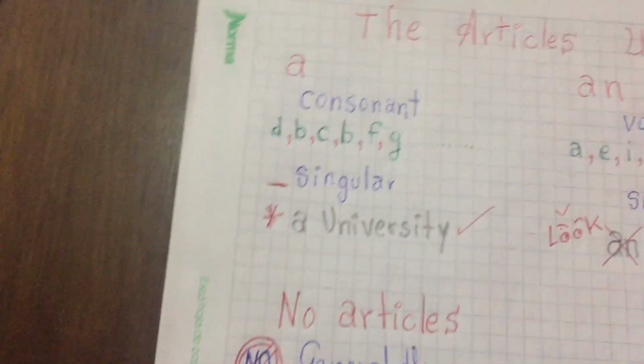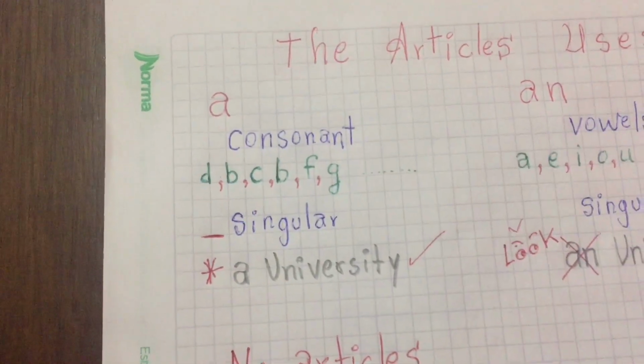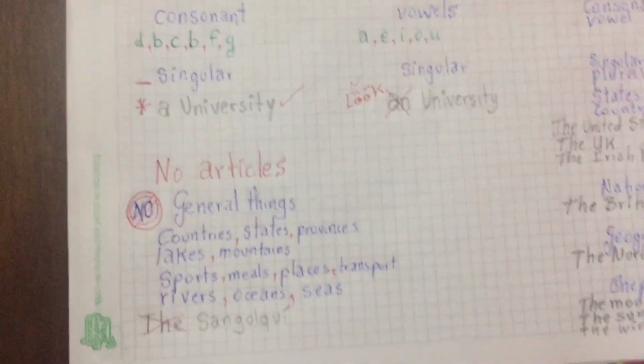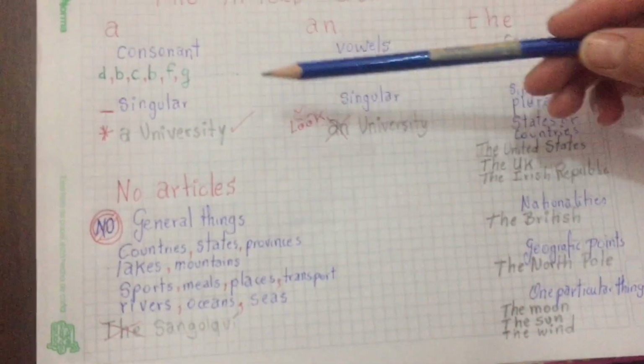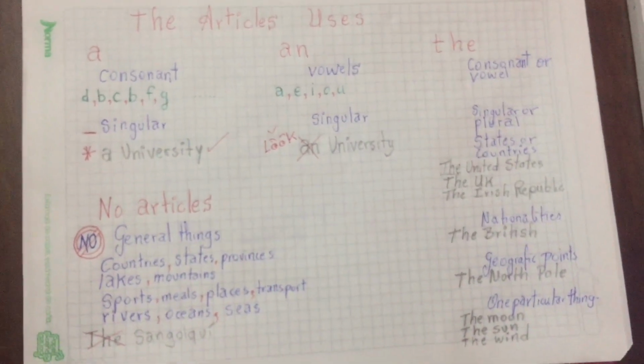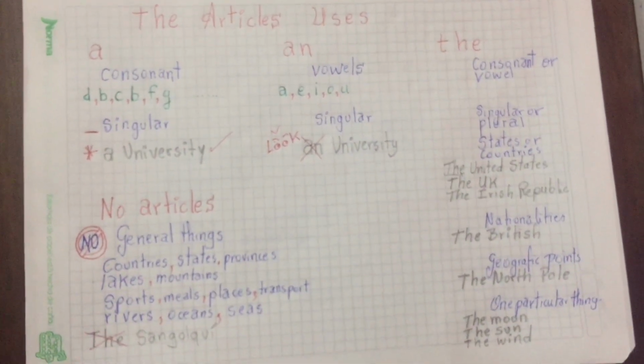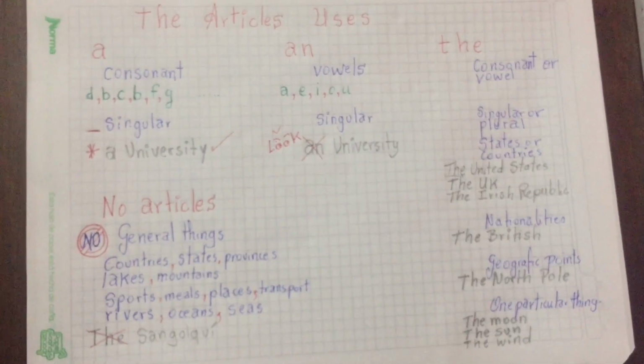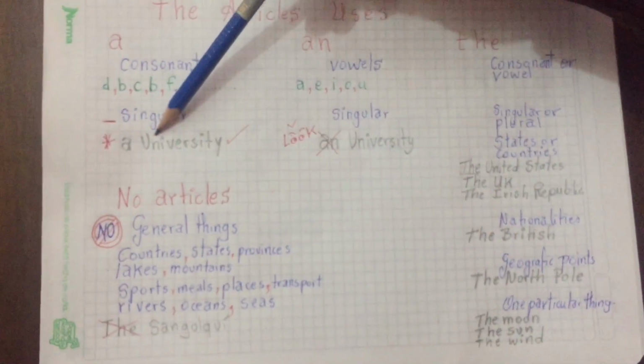Here we have more examples. I'm going to clarify something. It's not only about the written word, it's also about pronunciation. For example, what happens when we have university?